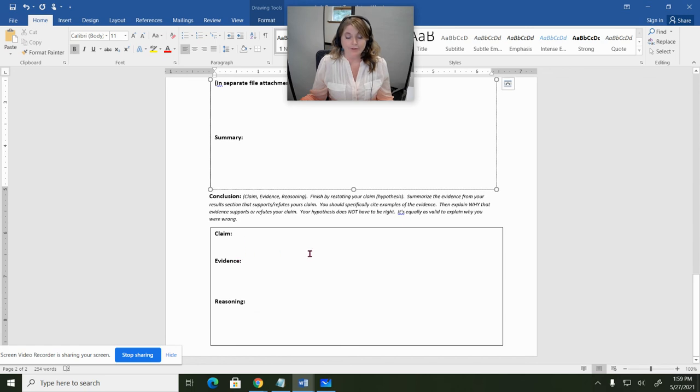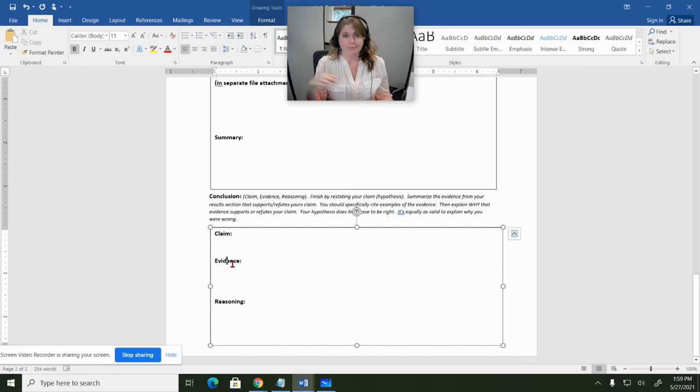And then finally, your conclusion section is divided up into claim, evidence, and reasoning. So again, you're just restating your hypothesis under the claim. This is the claim that I made. This is the evidence that I collected. So here you're going to go through your data, and pull out some examples of your data to either support your claim or refute your claim.